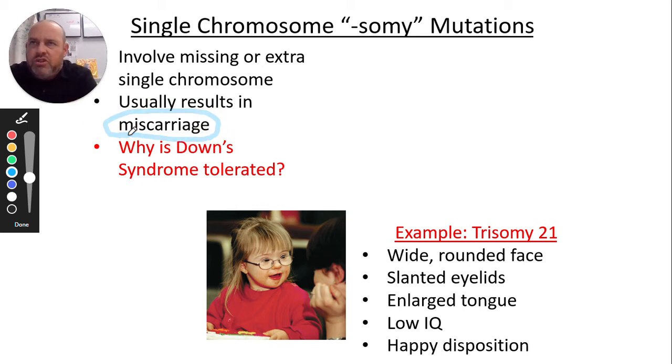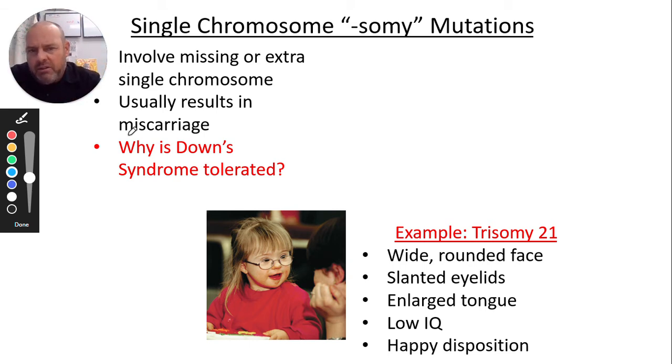And generally, it's a super sad process. When someone has a miscarriage, it's not what you want to happen. People are pregnant, they think they're going to have a nice, healthy baby, and then there's a miscarriage, which is basically a spontaneous abortion of the zygote and of those cells that have developed because something's not right.